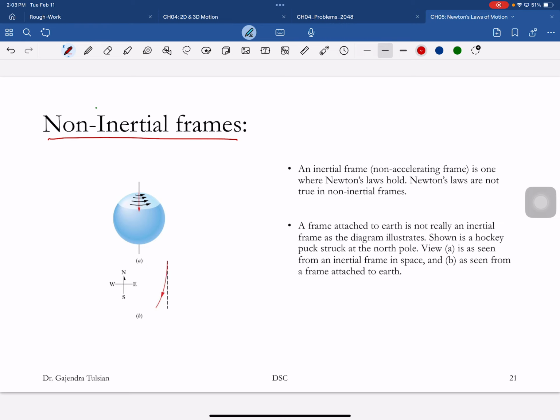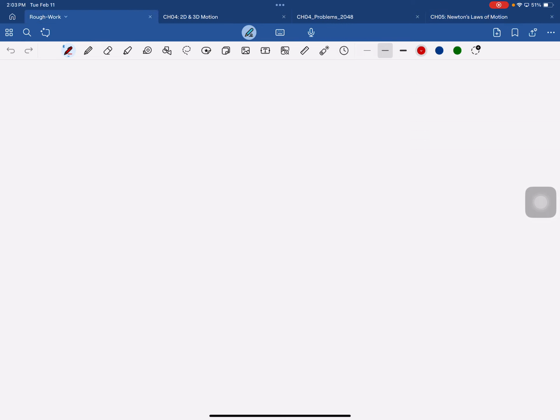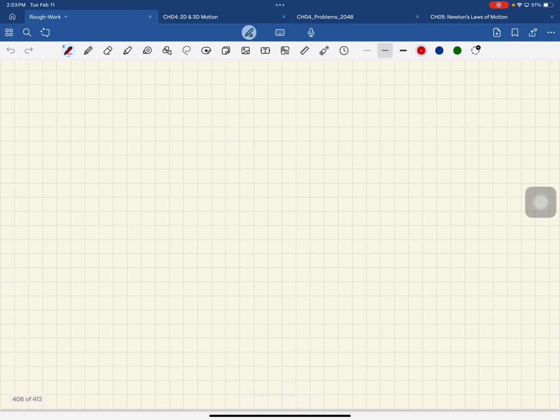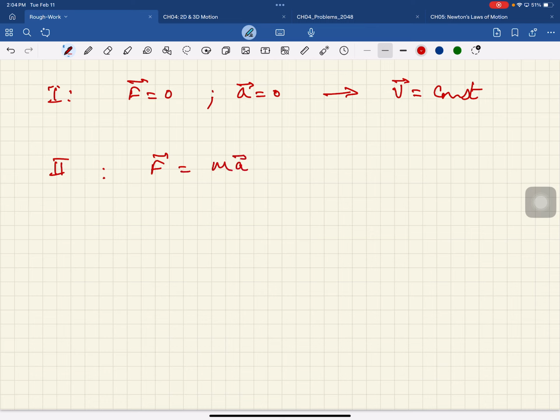Oh, very good. So the first law is if the force is 0, then a is 0, v is constant. The second law says if the net force is not 0, then you're accelerating.